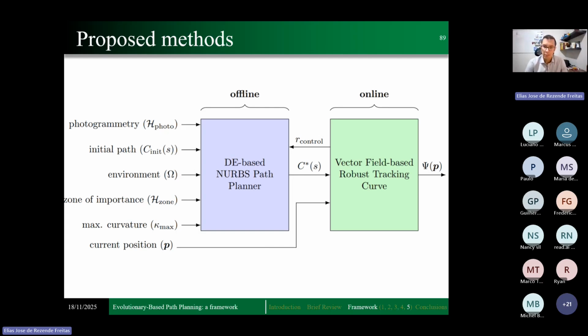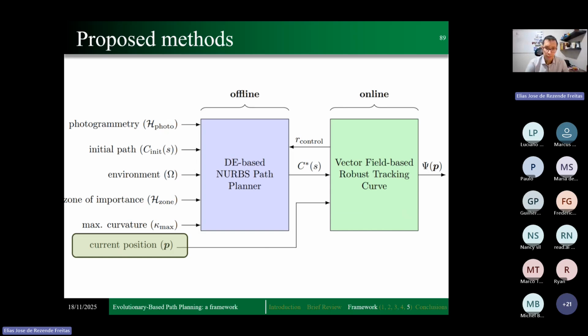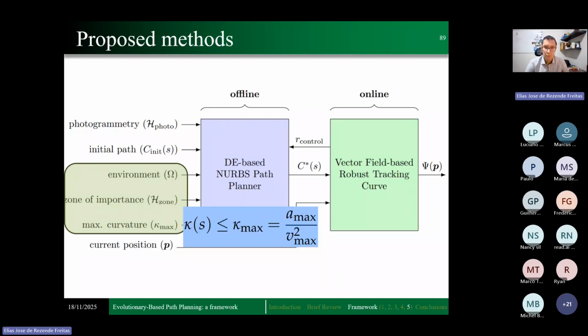In the online step, the same vector field used earlier is applied to follow the optimal path. To track the curve, we use GPS to obtain the UAV's current position. In the offline step, we consider the maximum allowed curvature determined by the drone's maximum lateral acceleration and speed.